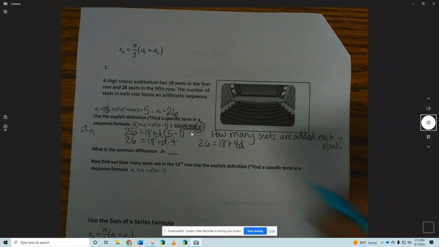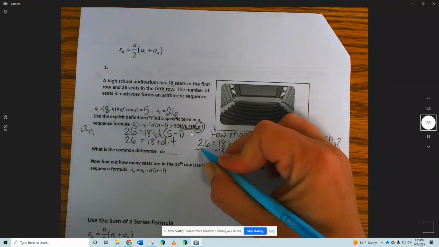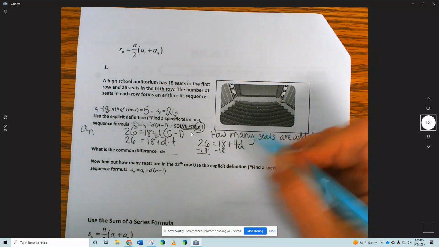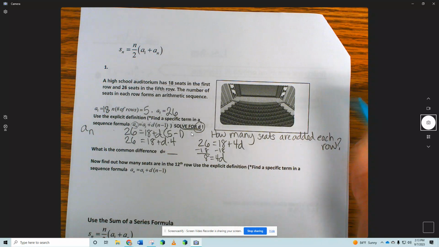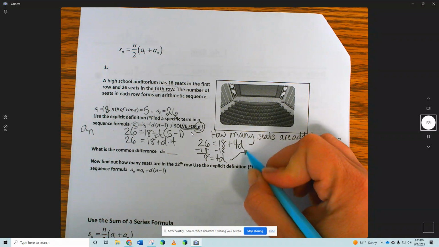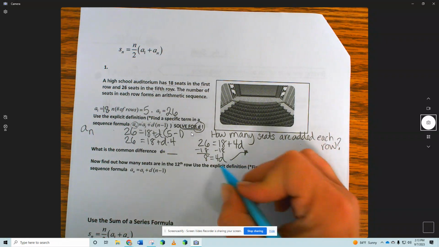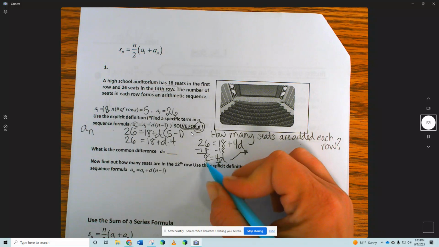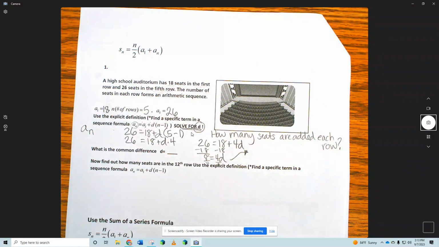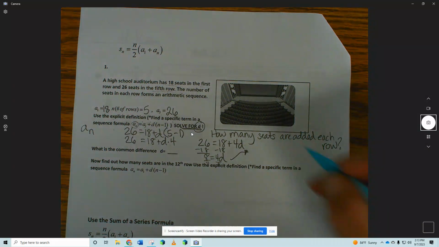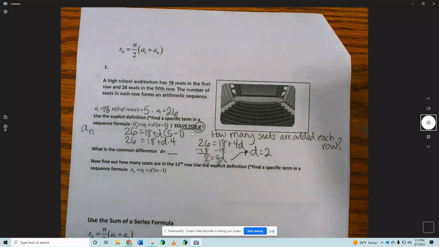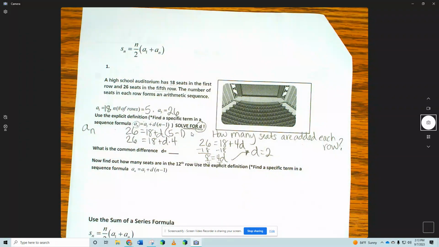And I got 8 equals 4D. And then you got what? Divide by 4. What is it? 2D. 2. Oh, D equals 2. Because you are solving for D.